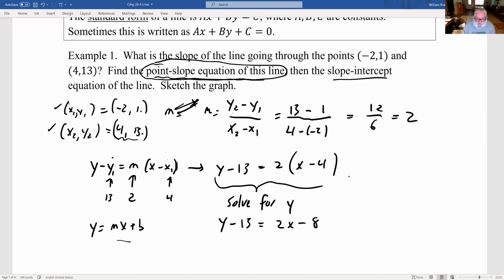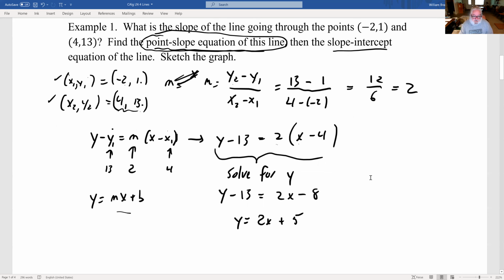So 2 times x is 2x, 2 times minus 4 is minus 8, and then add a 13 to both sides. And then there's our y equals mx plus b slope intercept equation of the line. This is the slope. And this is the y-intercept. And that's why it's called the slope intercept form of the line.